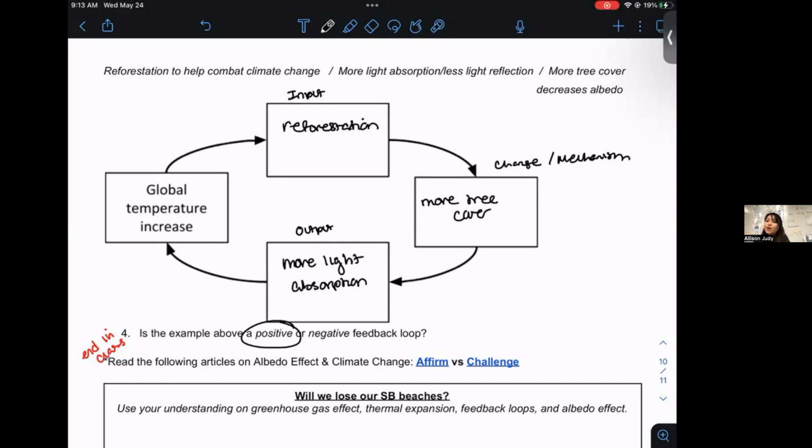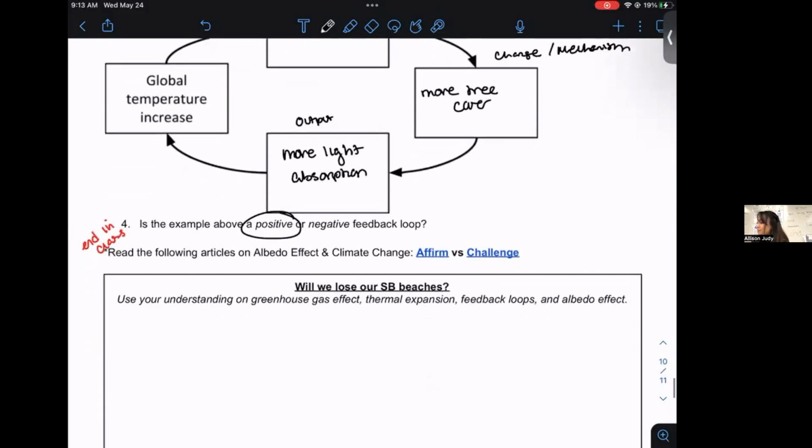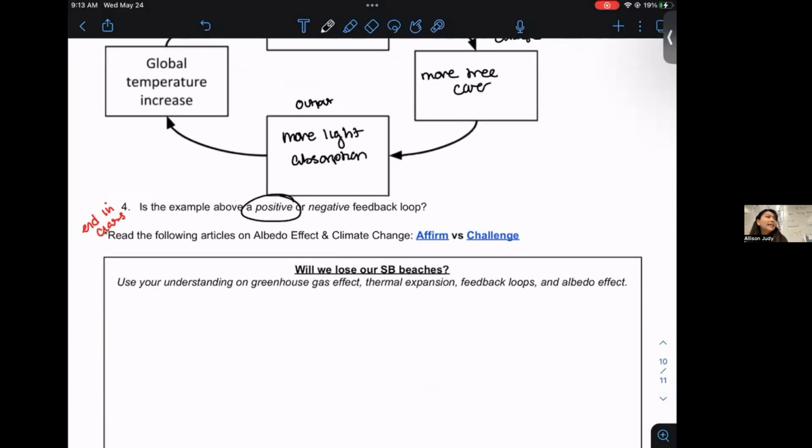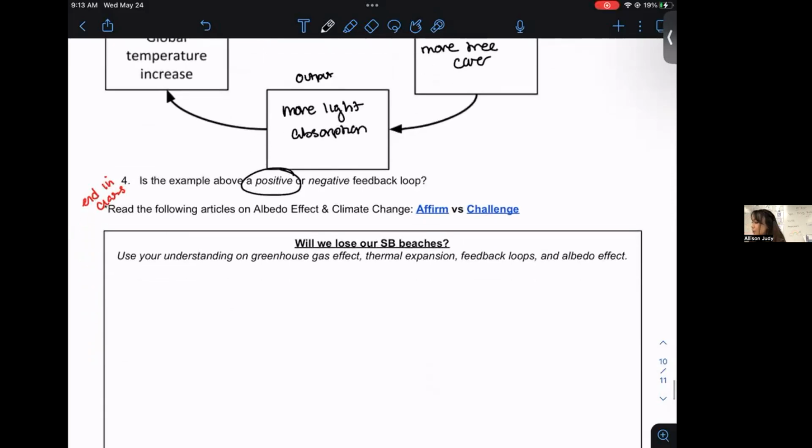Okay, so here's what you guys are gonna do now. I'm gonna get out a couple articles for those of you that want physical copies. You have 2 articles. This is the one time I'm gonna give you where you can look at a little bit of affirm versus challenge.